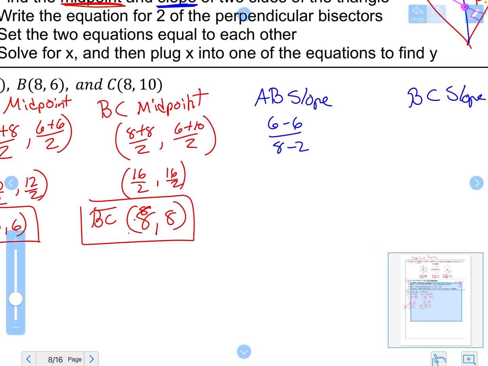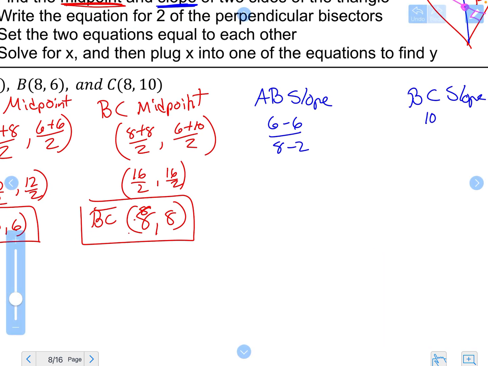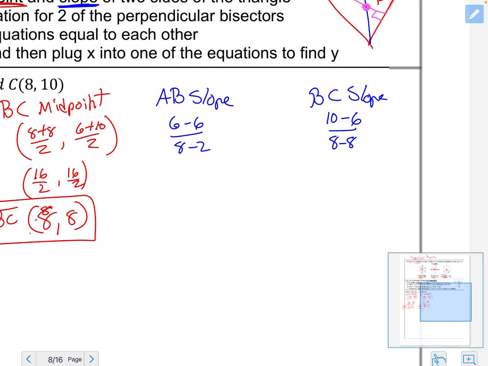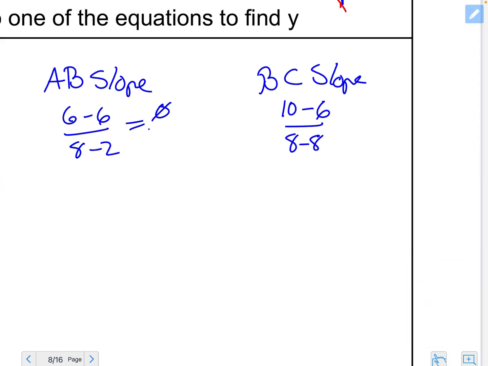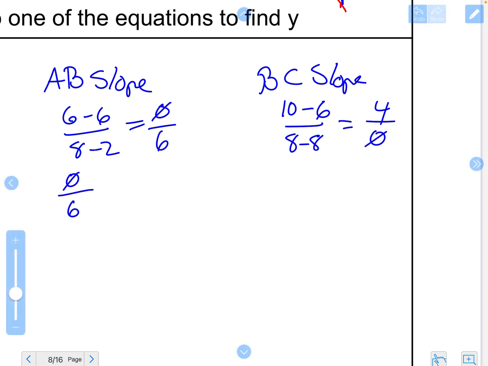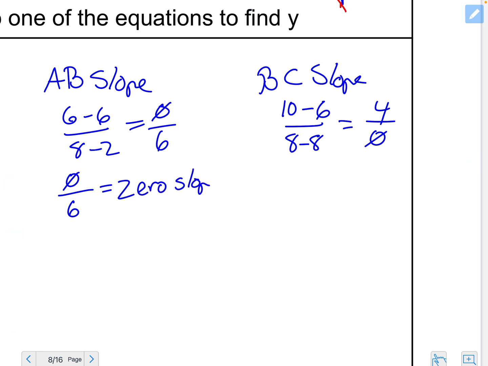And again, BC slope is y2 minus y1 over x2 minus x1. So we know that 6 minus 6 is 0, and then 8 minus 2 is 6. We know that 10 minus 6 is 4, and 8 minus 8 is 0. So if we have a slope of 0 over 6, that is 0 slope. If we have a slope that is 4 over 0, that is undefined.